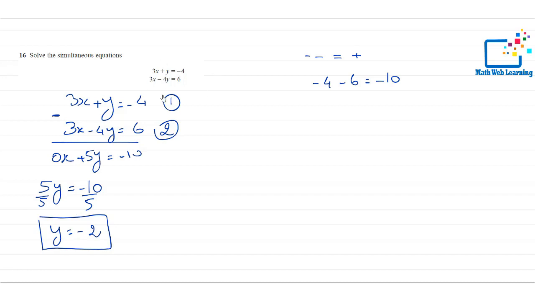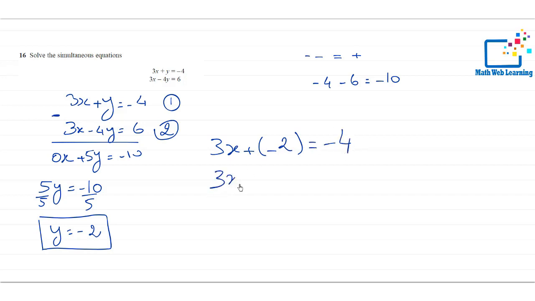Now we need to go and find the value of x. Which one I use, it doesn't matter. I'm going to use the first one. So I'm going to substitute into the first one, apologies, this one here. So 3x plus minus 2 equals minus 4.